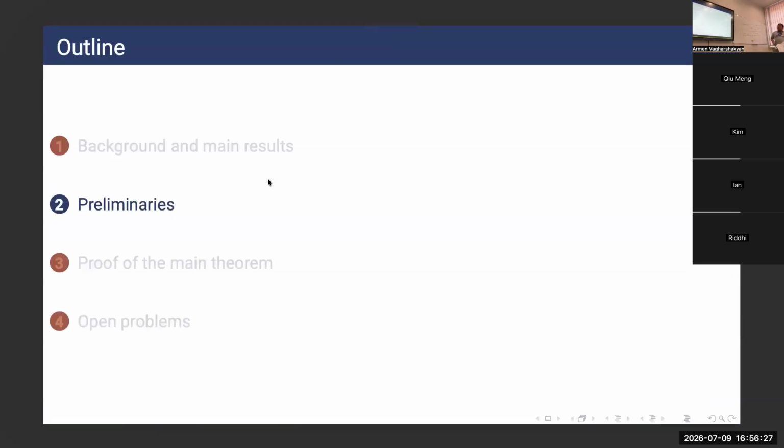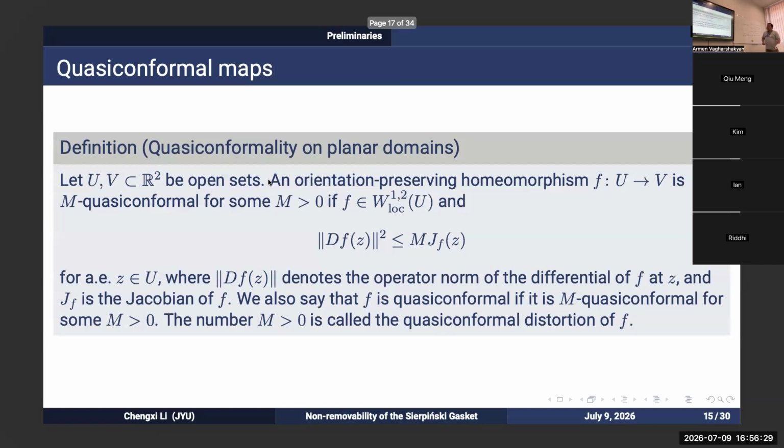And then let me talk about the preliminaries. First of all, of course, is quasi-conformality on the planar domain. Here we use the analytic definition, because as we know, quasi-conformality has three definitions, such as the metric definition and the analytic definition.